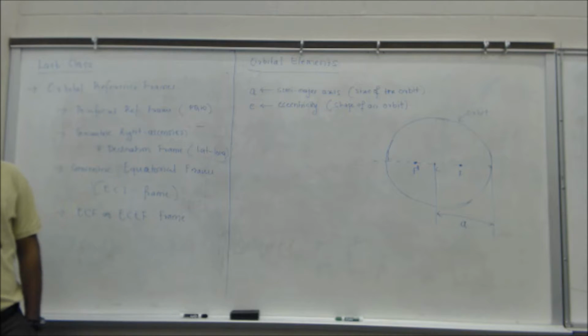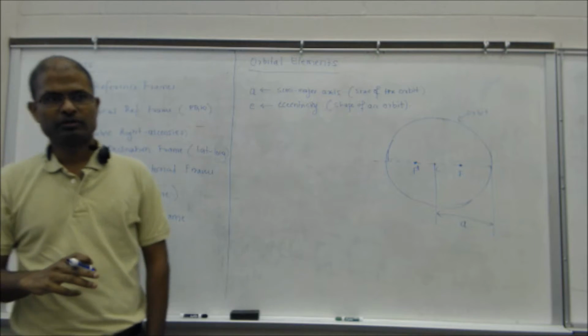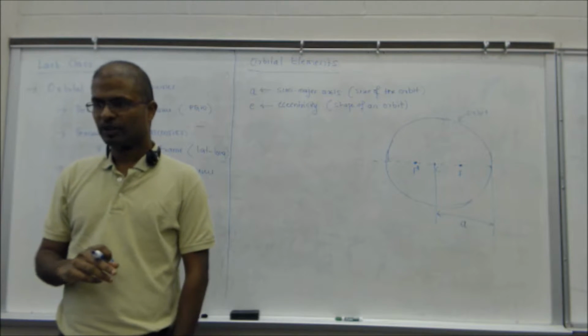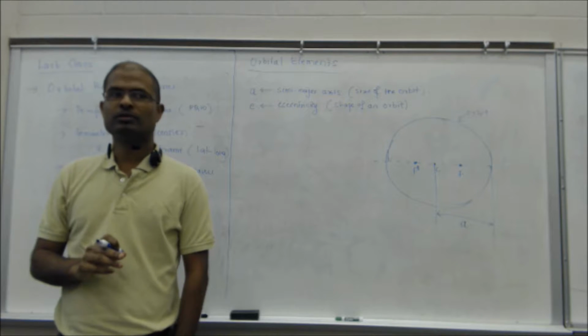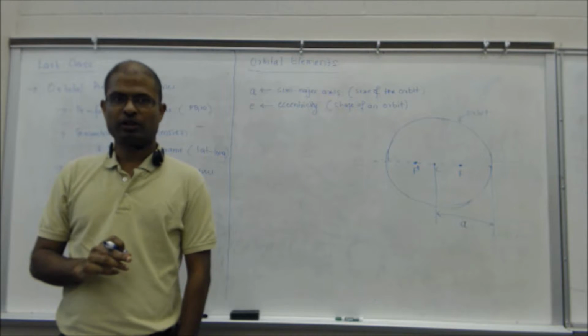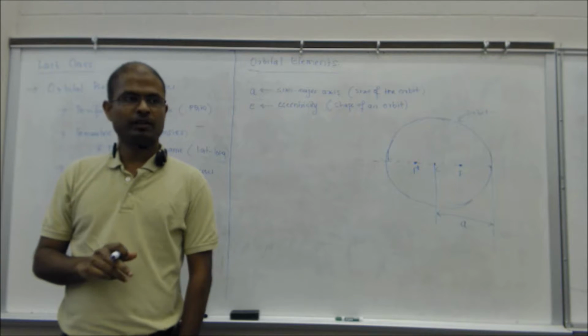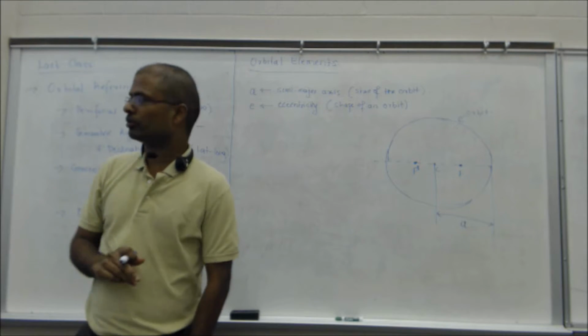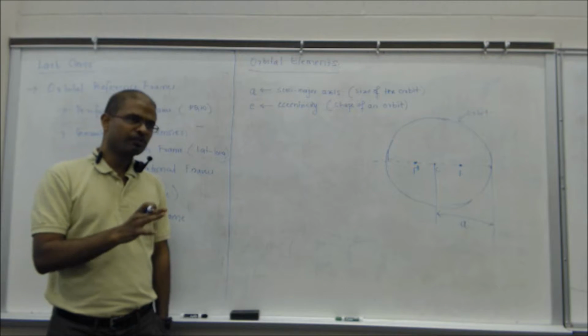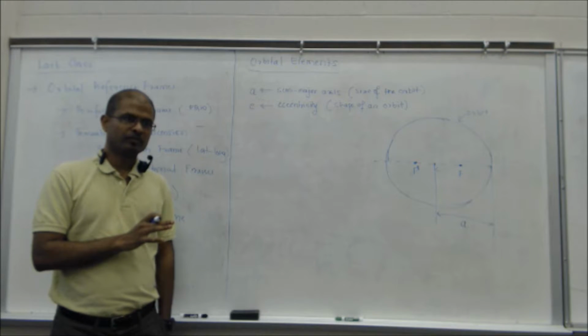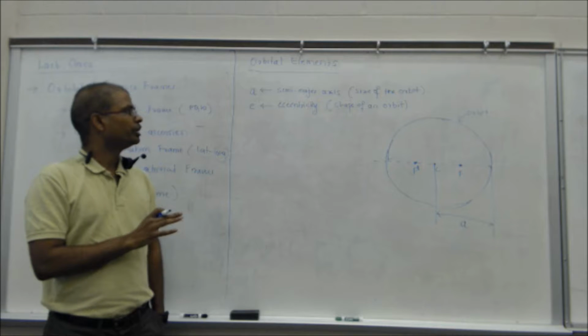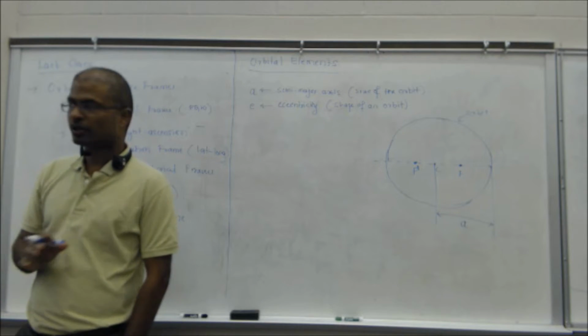If E is 0, what is the shape of the orbit? Circle. If E is between 0 and 1, it's an elliptical orbit. If E is 1, it's a parabolic orbit. E greater than 1, hyperbolic orbit. So you see, E defines the shape of the orbit, right? Depending on what value E is, the orbit changes.